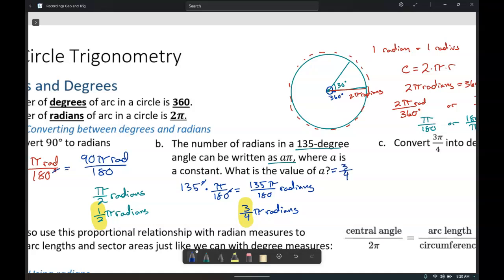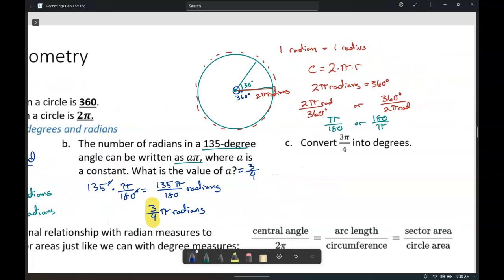Now, if we want to convert our radians back into degrees, we can do that here. We know that 135 degrees equals 3/4 pi radians, so we should be able to get back to 135. So we have 3 pi over 4 radians. This time we want to eliminate the radians unit, so we want pi radians in the denominator with 180 degrees in the numerator.